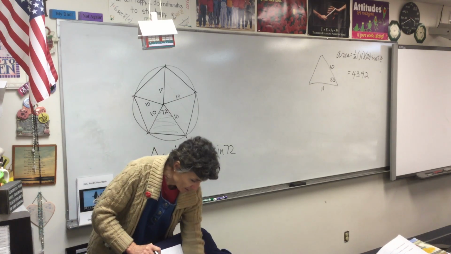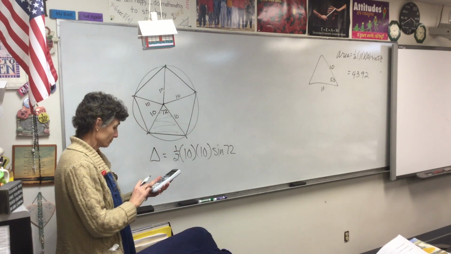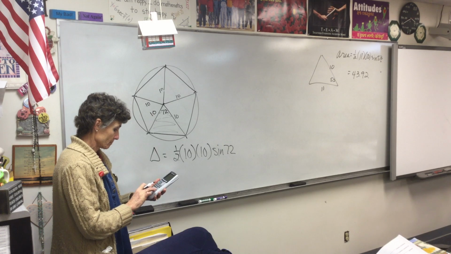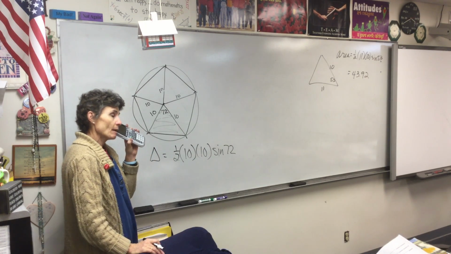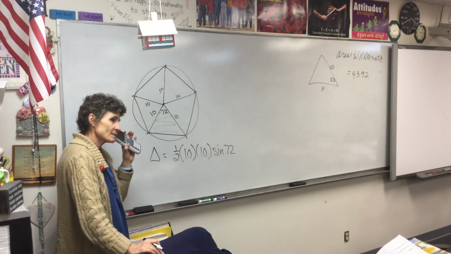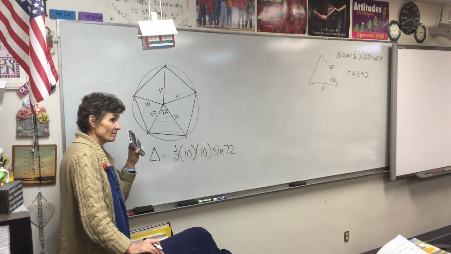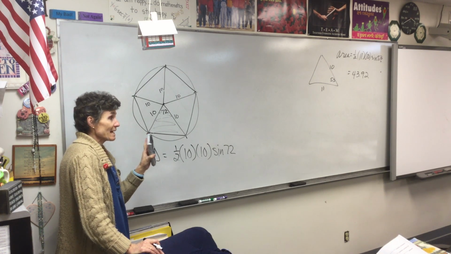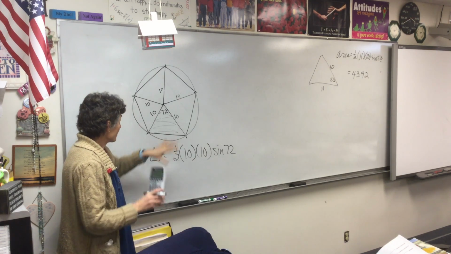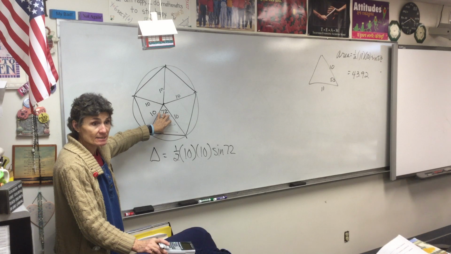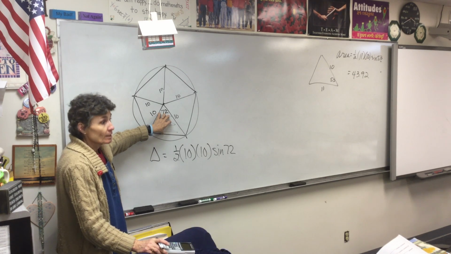So we can type that in on our calculator. And here is a place where we make mistakes sometimes. Did you get 47.55? Now, don't write that down though, because what is that? That's the area of this triangle.